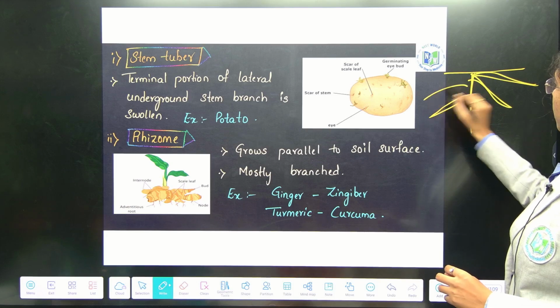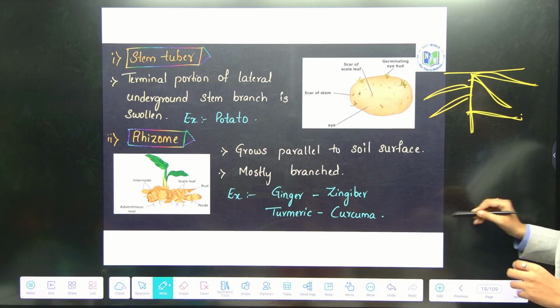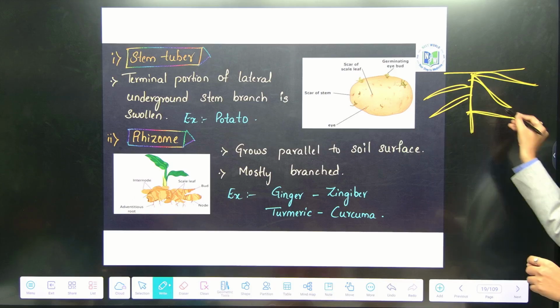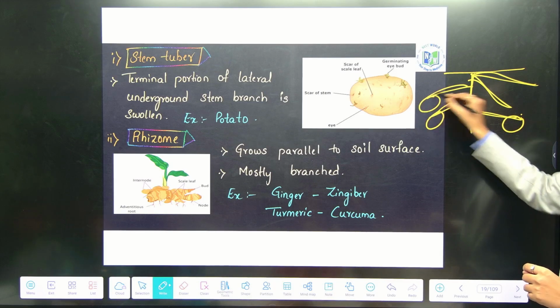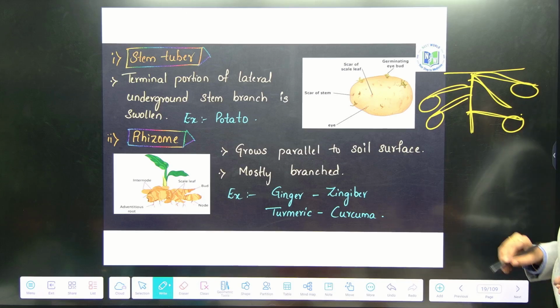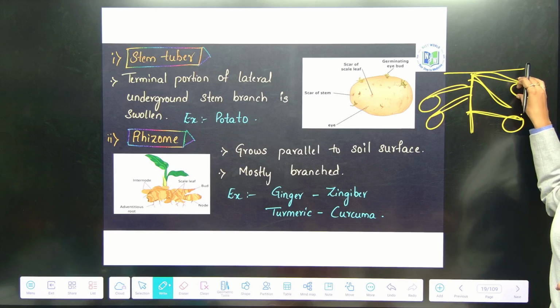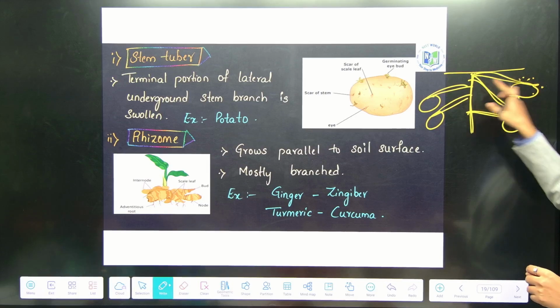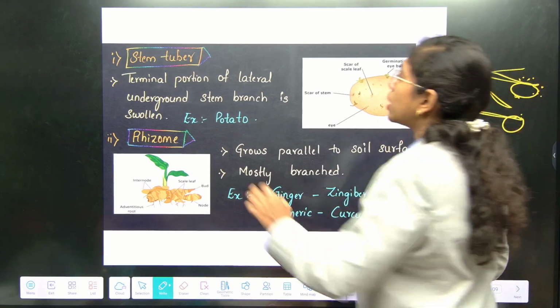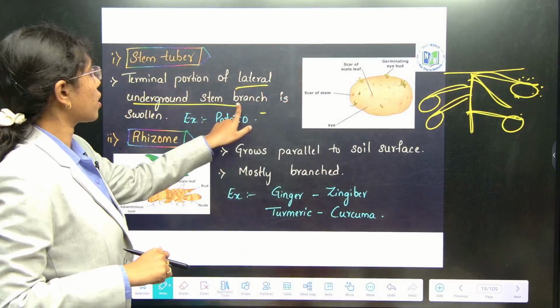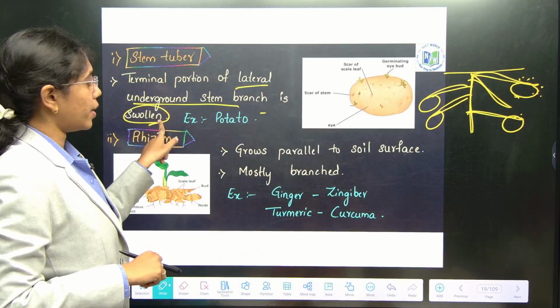How is a stem tuber forming? The terminal portion of the lateral branch is getting what? Tuberous, and that is the potato that we eat. The terminal portion of the lateral underground stem branch is swollen or tuberous.